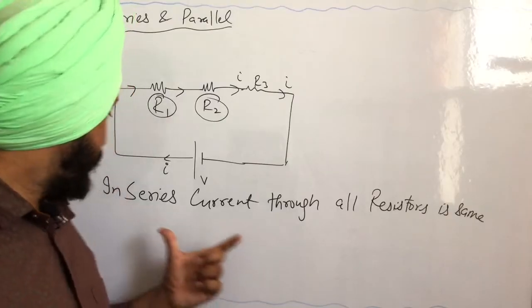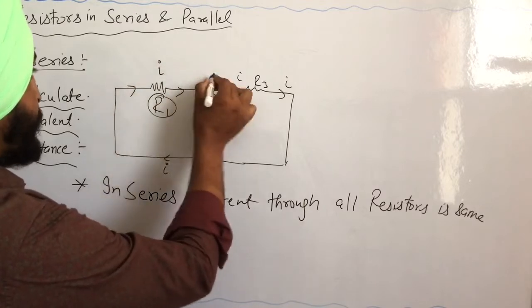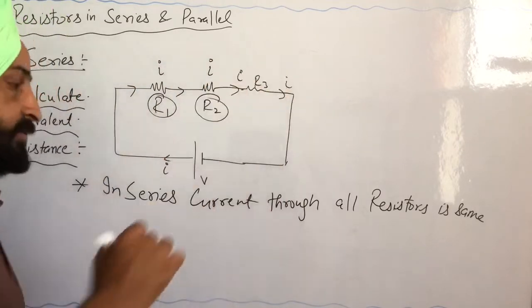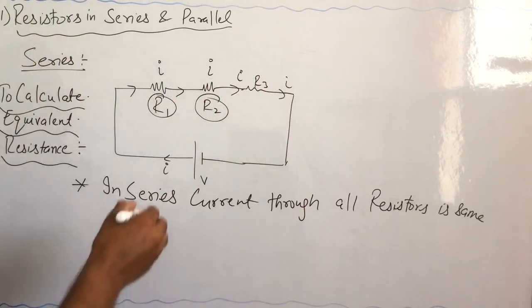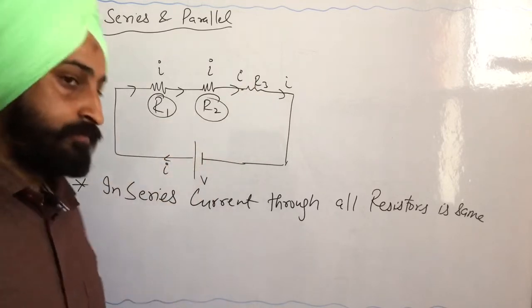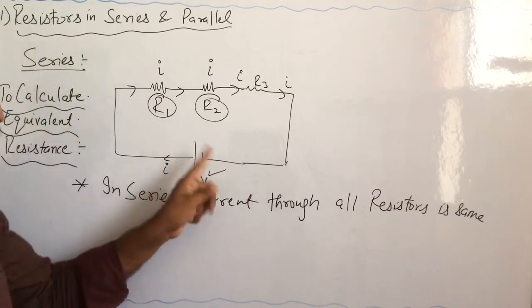So if the same current is passing in series, the current over here is I, the same current I over here, and the same current I over the third resistor. Now the net potential is V, provided by this battery.